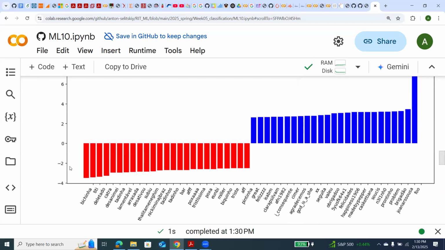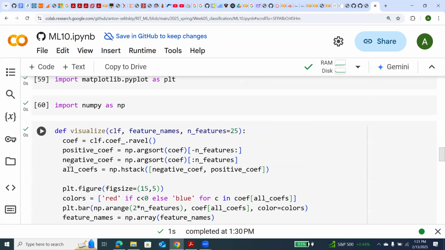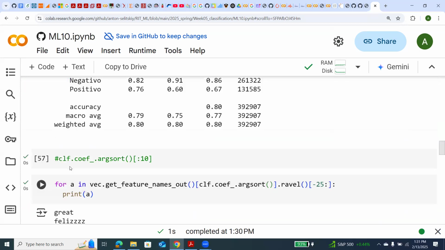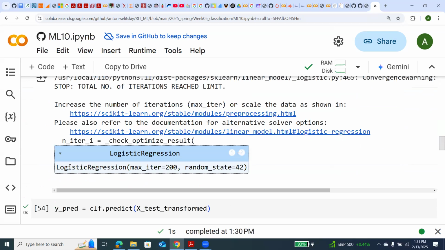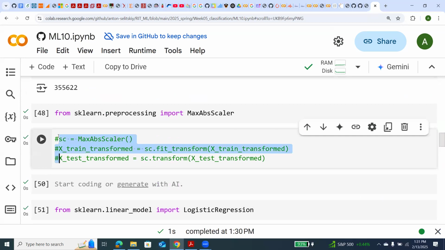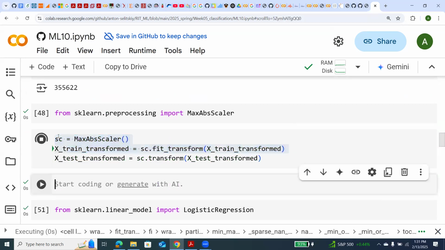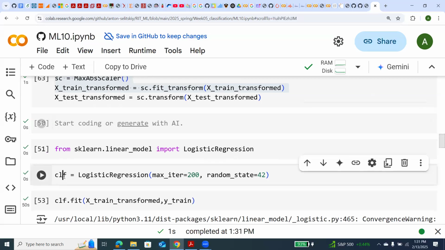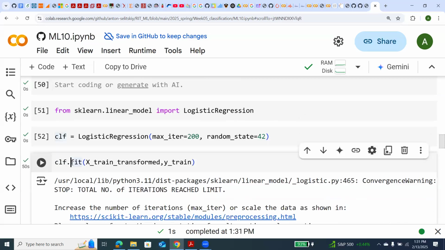We have some words here with highest weights and with lowest weights, but it doesn't mean that these words were the most important because we didn't normalize. Let's now normalize, and you will see a different distribution. So normalize. And run and fit again.